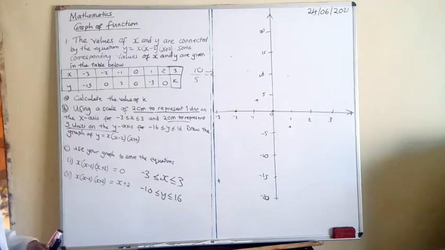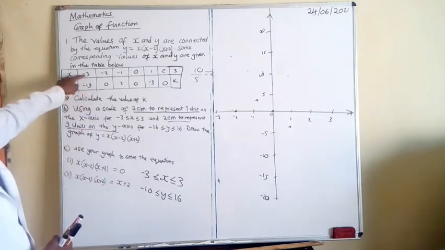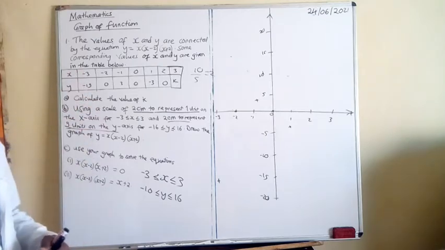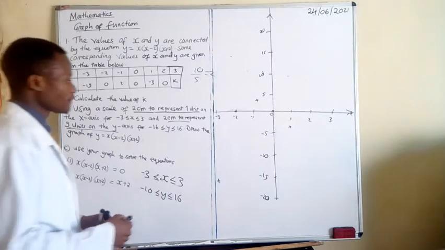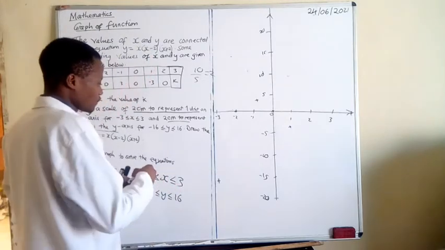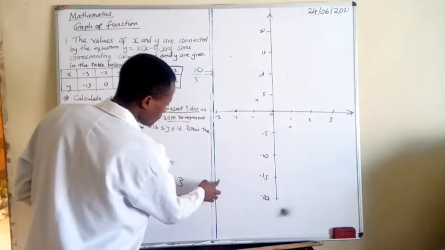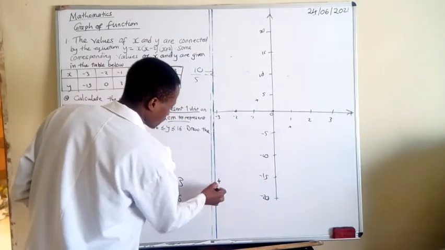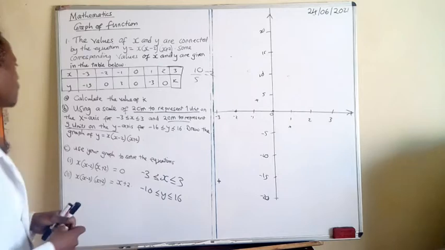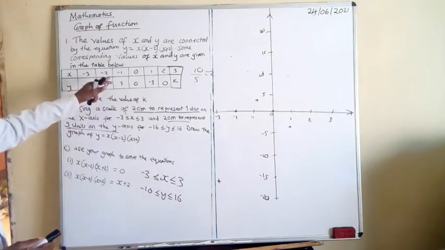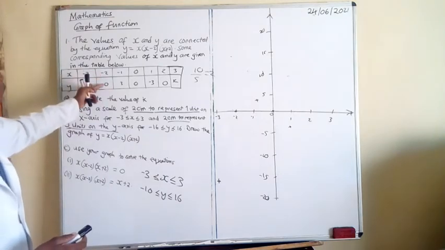So the first point is -3, 15. I'm going to assume that my -3, 15 is here. So that is my -3, 15.